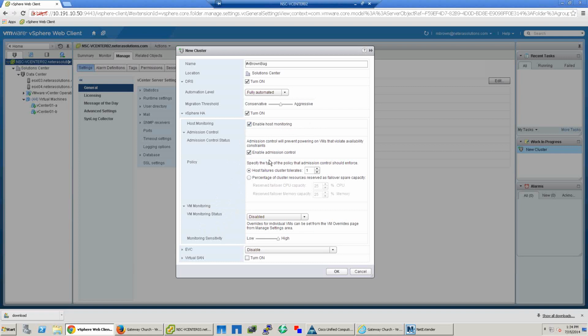The admission control policy is also a very important part we're going to hit on in the next slide or two. It essentially lets the cluster know how we want it to reserve those resources for an HA failover.